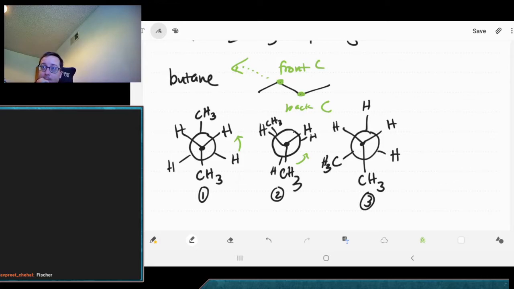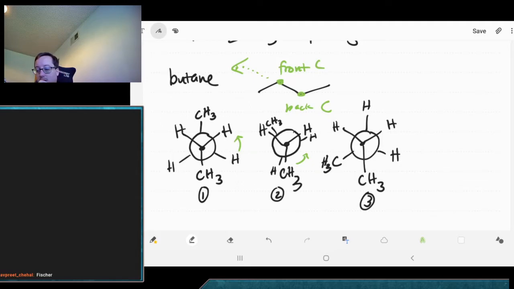Well, hydrogens are relatively small, right? They're just single atoms. We now have, though, two methyls that are kind of close to each other. We should see, hopefully, that 1 and 3 are different because in the first one we had the methyls as far apart from each other as possible. They were on opposite sides of each other.